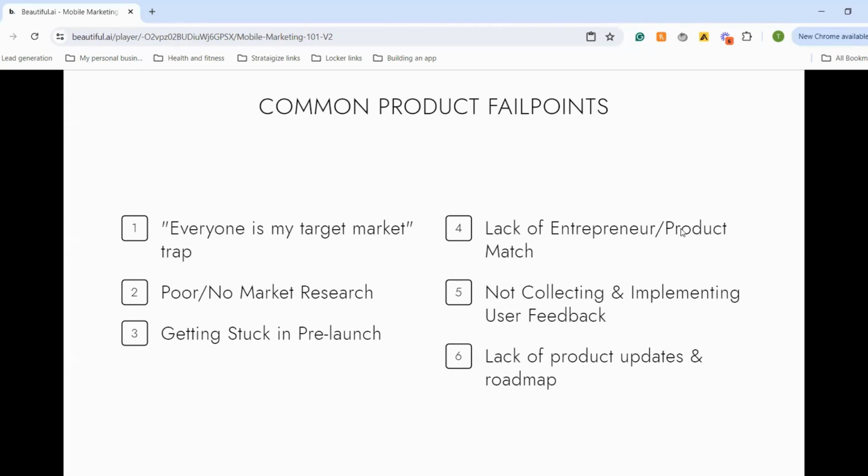The next major common pitfall that I see is a lack of entrepreneur product match. This can rear its head in a couple of different ways. One way is someone that is trying to create a product that they don't really know that much about, or they are not part of the target demographic.